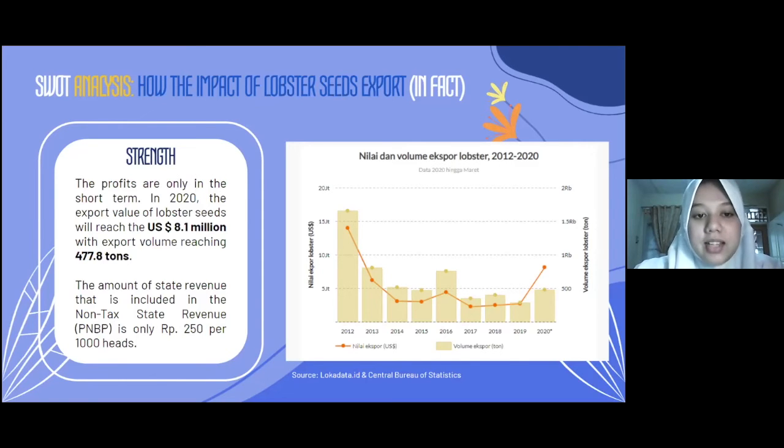If we look at the graphic in 2020, the export value of lobster seeds reached 8.1 million US dollars, with the export volume reaching 477.8 tons. However, the amount of state revenue included in the non-tax state revenue, or in Indonesia we say PNBP, is only 250 rupiah per 1,000 heads. And of course, the Indonesian government just gets a little profit from lobster seed export. Okay, next please.